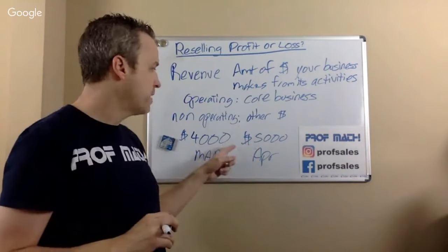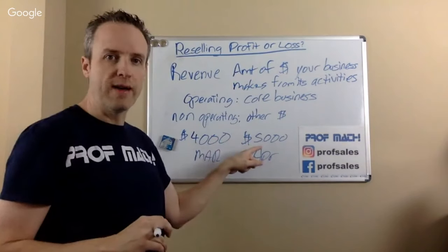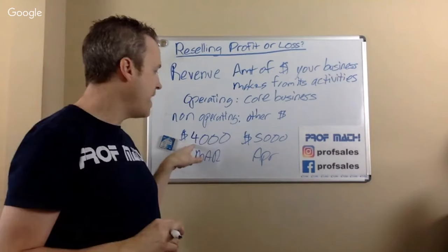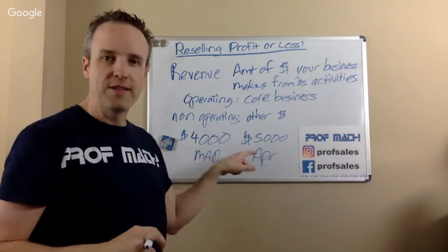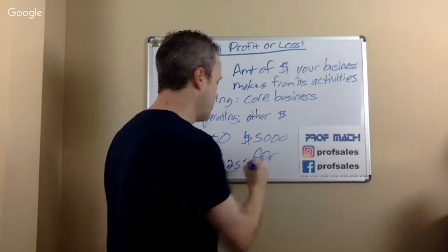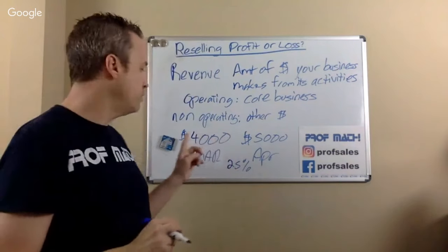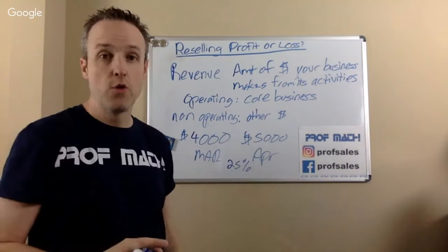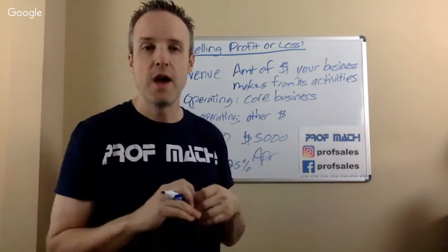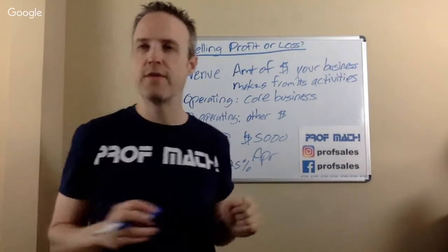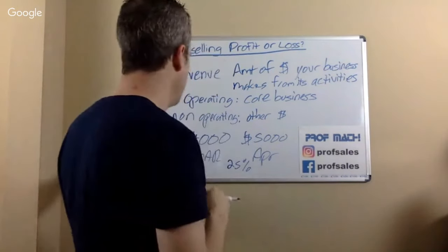As a matter of fact, if we take the difference between those, $1,000 is the difference, 5,000 minus 4,000, and divided by that, 1,000 divided by 4,000 gives us a 25% increase. So we could say that our revenues in April increased by 25%, which may or may not be good. On the surface, it probably looks pretty good, but there's more to this story, so let's talk about it.